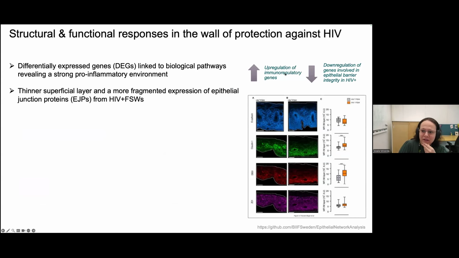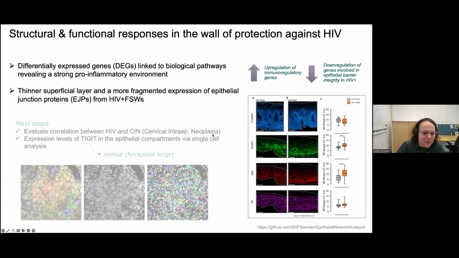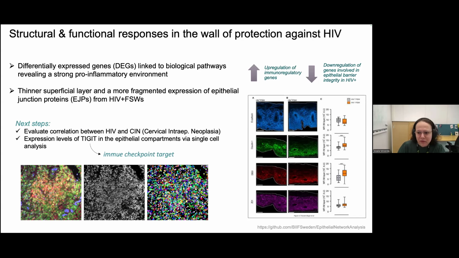So an upregulation of immunoregulatory genes and a downregulation of genes involved in epithelial barrier integrity. And this corroborated the morphological analysis with our pipeline. And of course, from here, you can go to individual single cell analysis, right? Also analyzing expression levels within each cell.